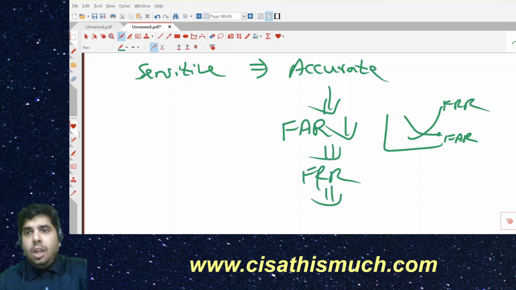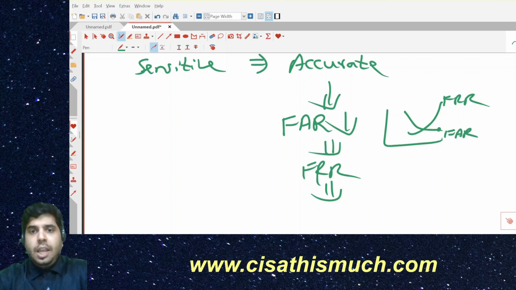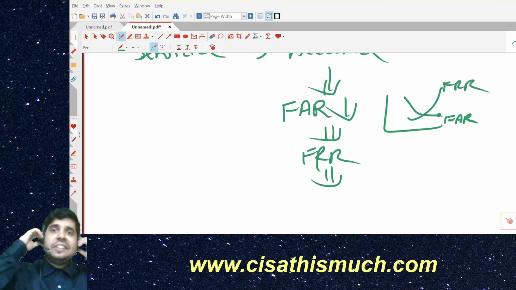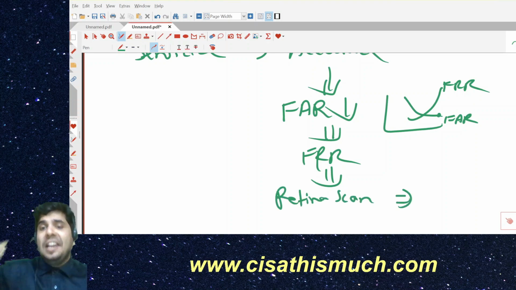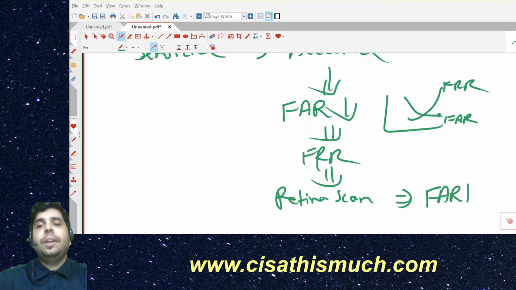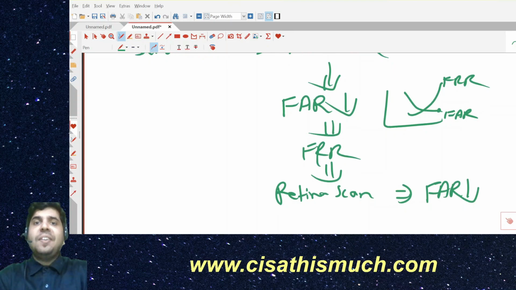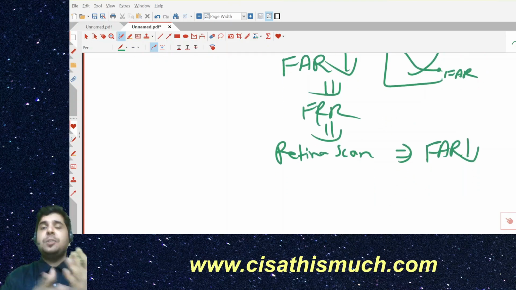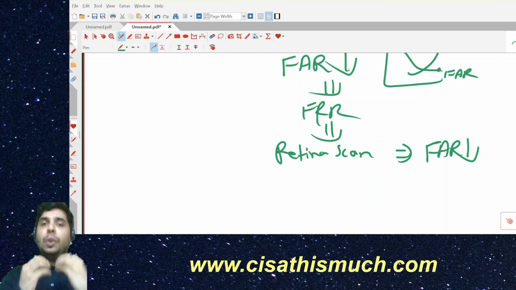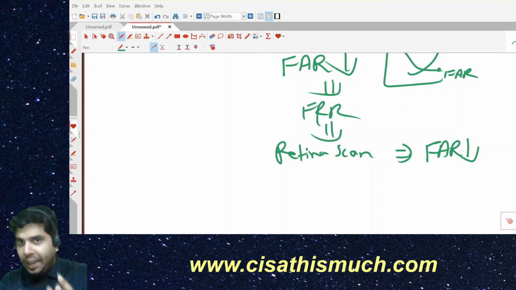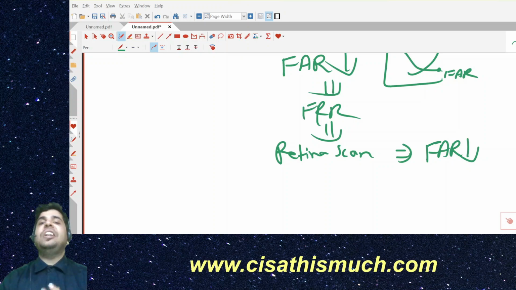And then we have also discussed that retina scan has the least false acceptance rate. Why does retina scan have the least false acceptance rate? Because the user will have to get close to that particular device, and because of it, there is a risk of theft of their personalized data.